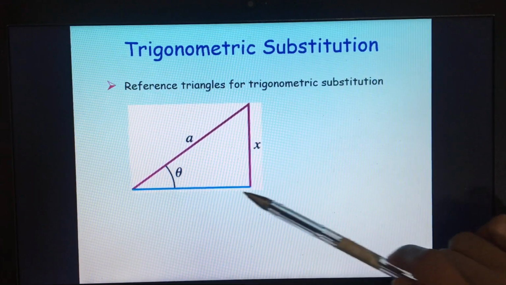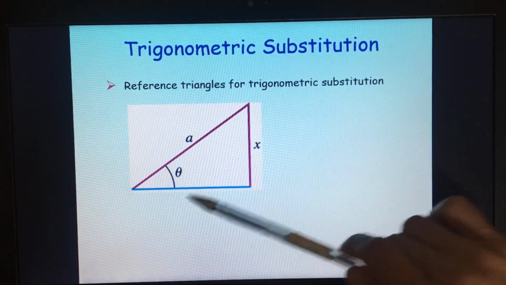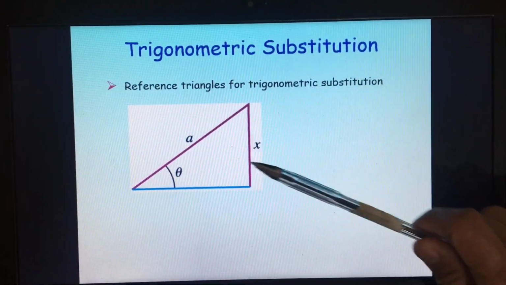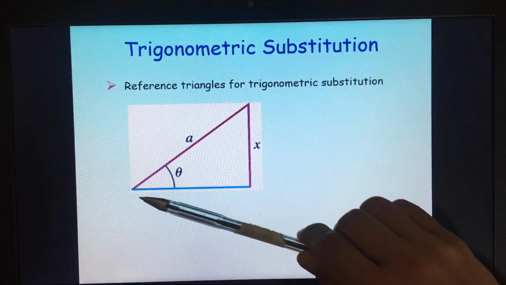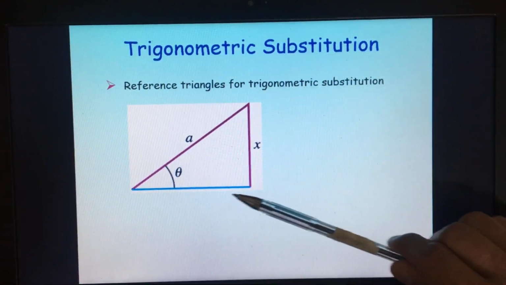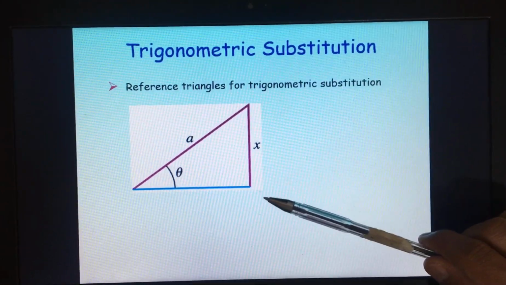And notice that this side here is colored blue. In our next slide that also contains reference triangles, just observe the side with the color blue. This is the side that we're going to solve using the Pythagorean theorem.